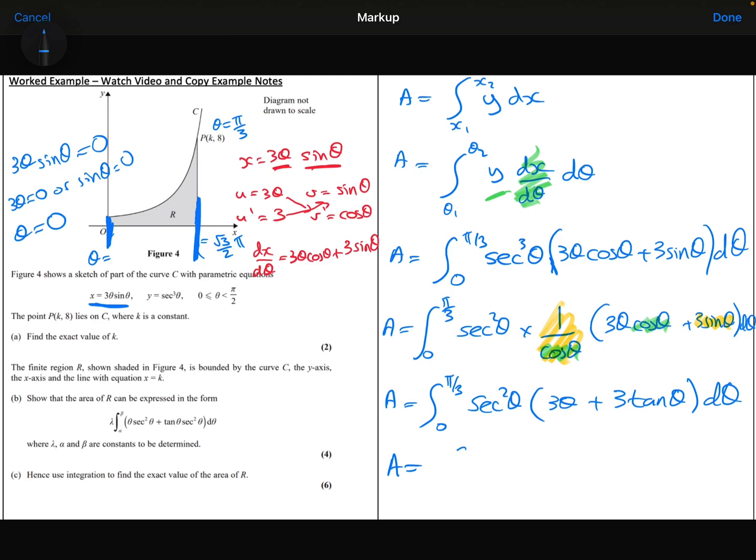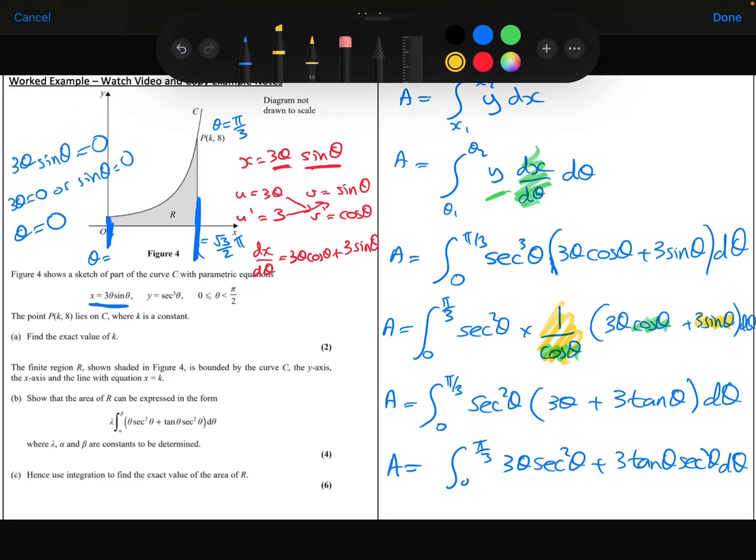And now if I just expand these brackets, I get 3 theta sec squared theta plus 3 tan theta sec squared theta. We've got a 3 here, a 3 here, so I can take that 3 outside of the integral. And then that is exactly the form that we wanted. So I've shown that lambda is 3, my alpha is 0, and my beta is pi over 3.